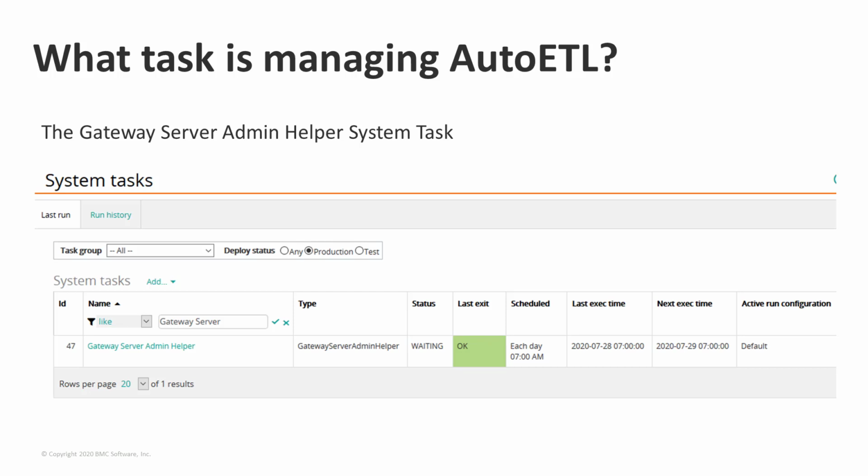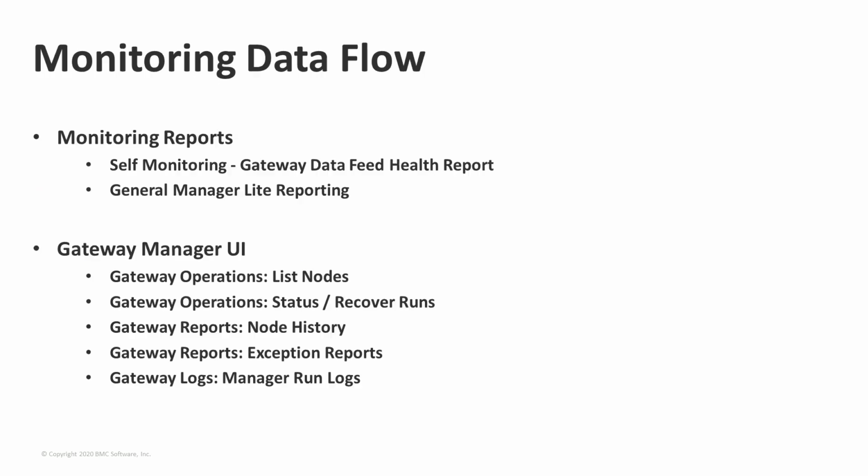And it updates the TSCO database with the information necessary to build the Gateway Data Feed Health Report. This is the BCO-EE data visibility table, which is the foundation of data for other things in the TSCO UI, such as the Gateway Server, Gateway Manager list nodes view. What features are available in TSCO to monitor the daily data flow, diagnose problems, and trigger recovery events when necessary?